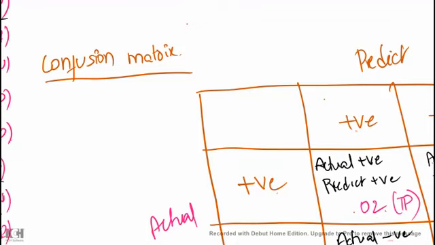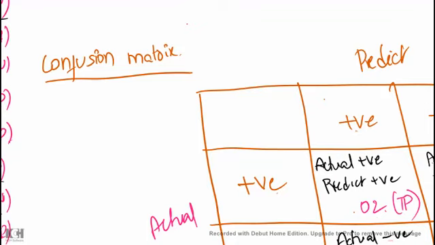Can you explain with one example, miss? Explain with a cancer data set, or for example, a banking data set. In a banking data set, if the person would actually repay the loan but you have not given the loan, that is a loss for the bank, but only the interest is lost. That is not a problem. But if the person is a defaulter, you predicted him as a non-defaulter and gave the loan, what happens?